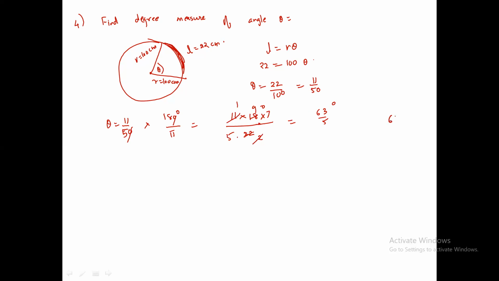Or 63 I will divide by 5. 5 12 63. So I have 12 3 by 5 degrees. 3 by 5 I have to multiply by 60 so that I can convert it to minutes. 5 ones, 5 twelves.